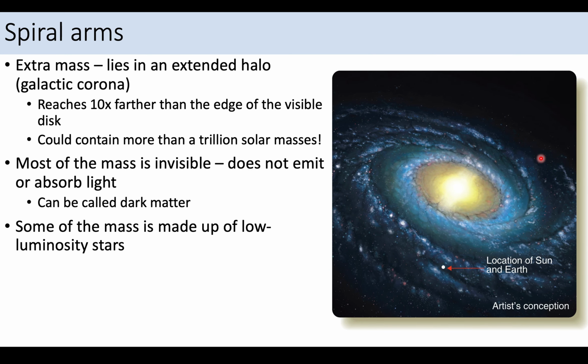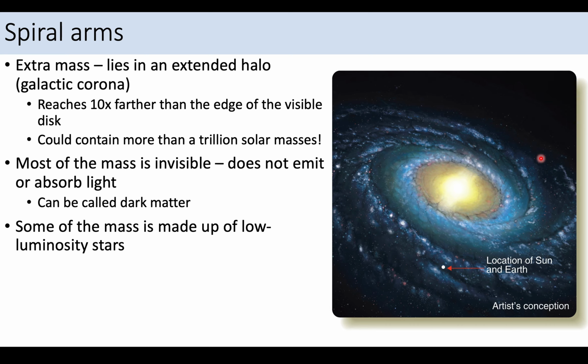So that extra mass is actually all within what we call the extended halo. The galactic corona is another way to call it, or what we call the spiral arms of the galaxy. This extra mass in that extended halo actually reaches 10 times further than the edge of the visible disk.